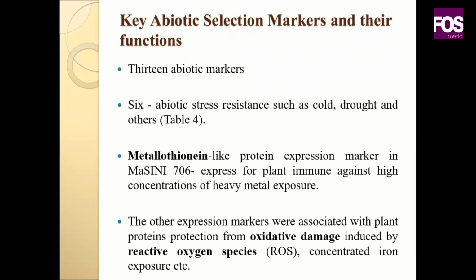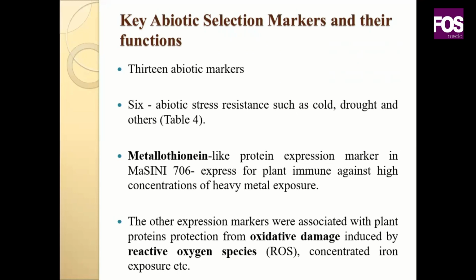We have 13 abiotic markers, 6 related to abiotic stress resistance such as cold, drought, and salinity, and metallothionein-like protein expression markers in Musa, in 706, expressed for plant immunity against higher concentrations of heavy metal exposure.